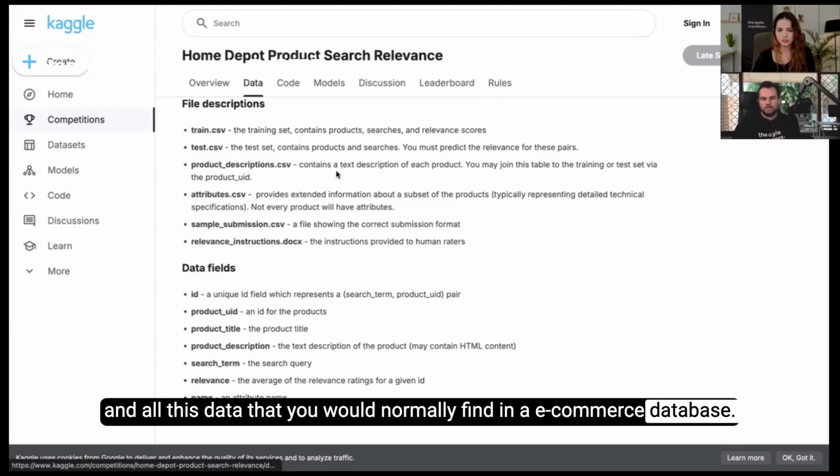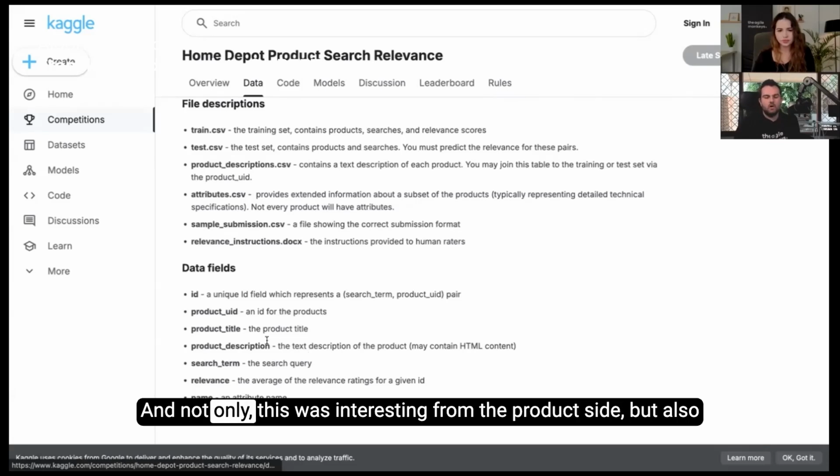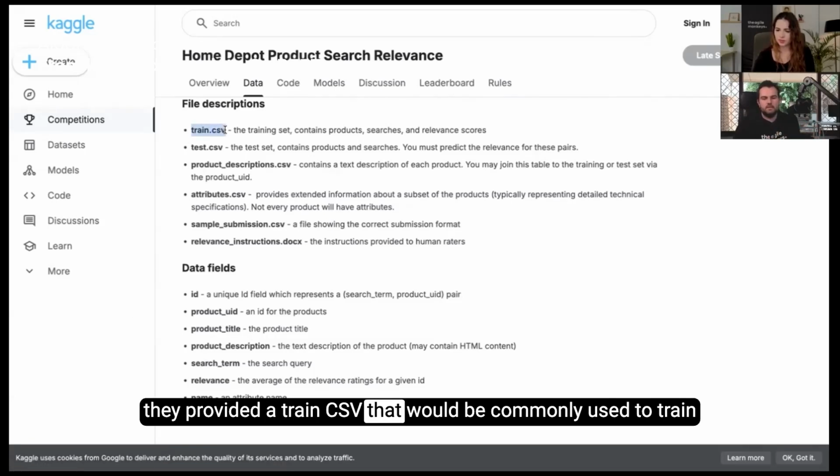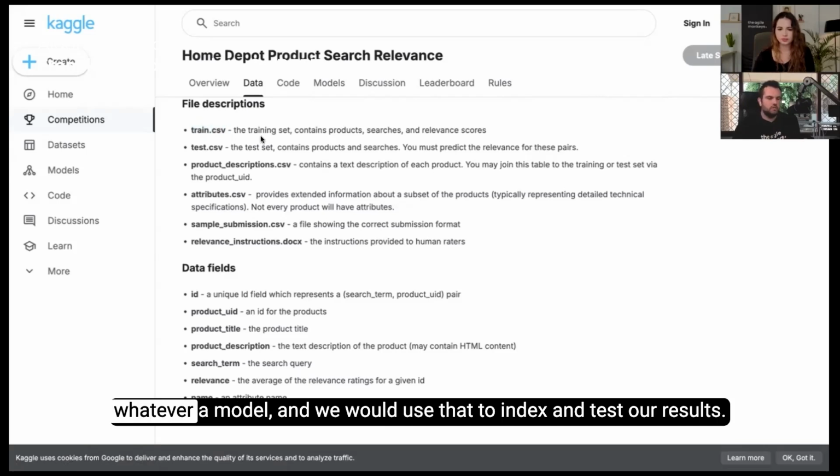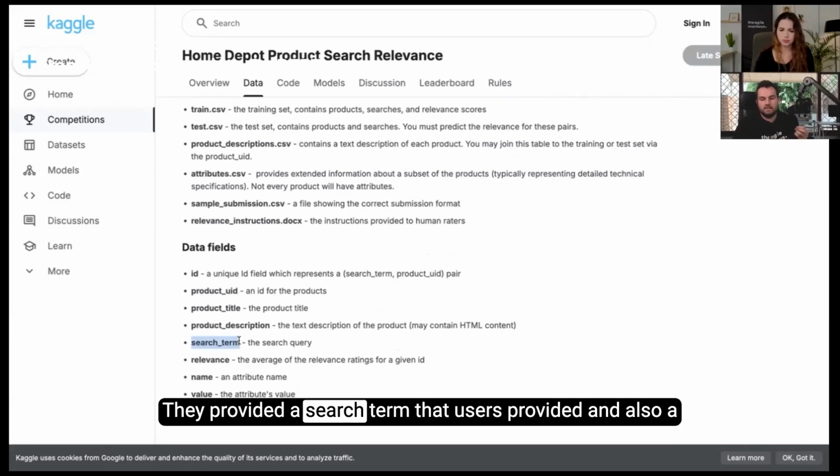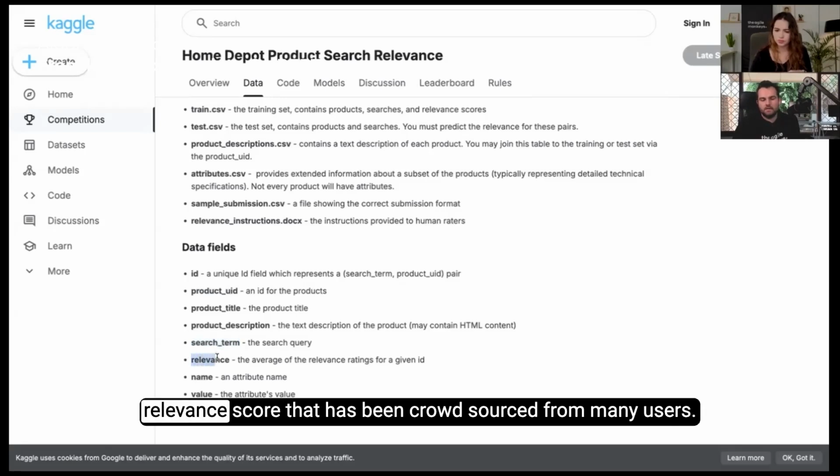in an e-commerce database. And not only was this interesting from the product side, but they also provided a train CSV that would be commonly used to train whatever AI model, and we would use that to index and test our results. They provided a search term that users provided and also a relevance score that has been crowdsourced from many users.